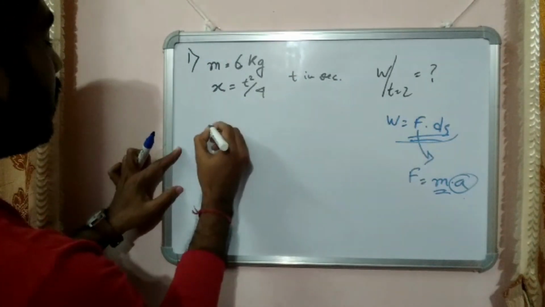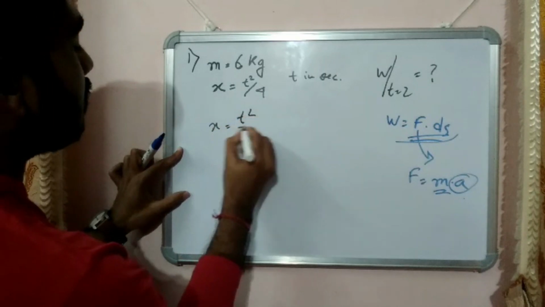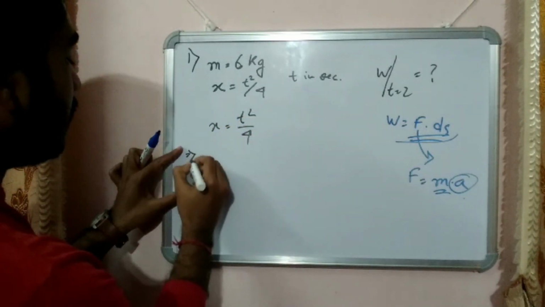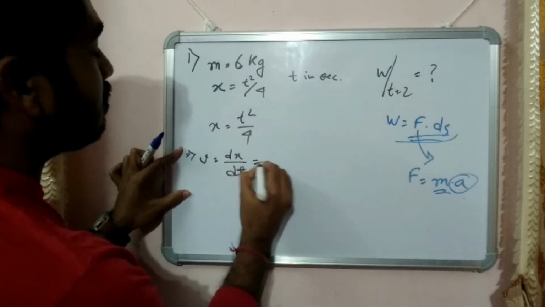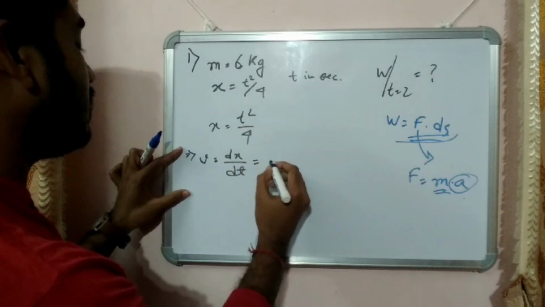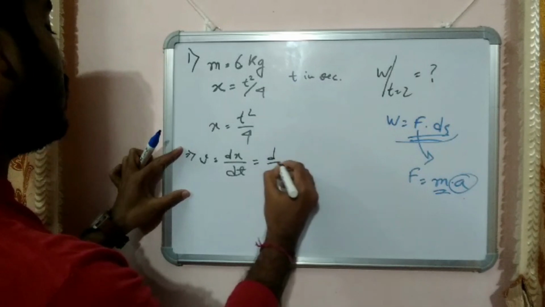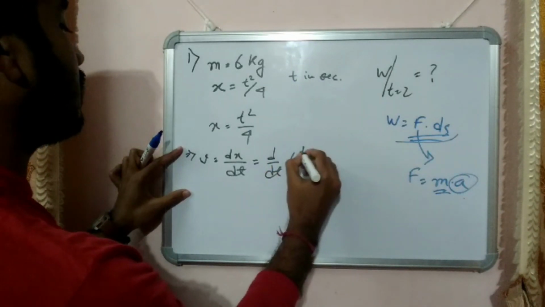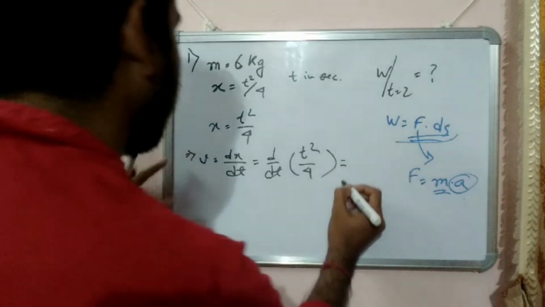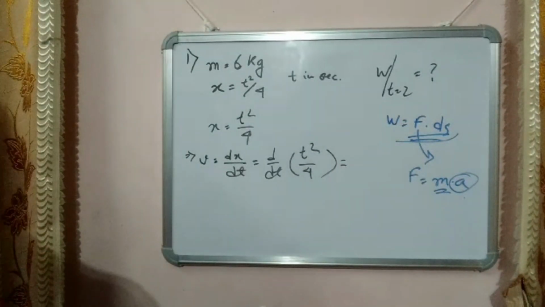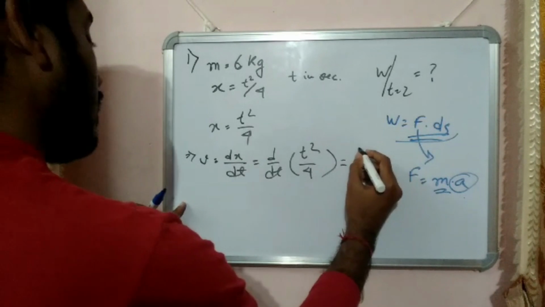So x is t square by 4, and we know velocity is the derivative with respect to time of the displacement, d/dt of t square by 4, and it will become t by 2.